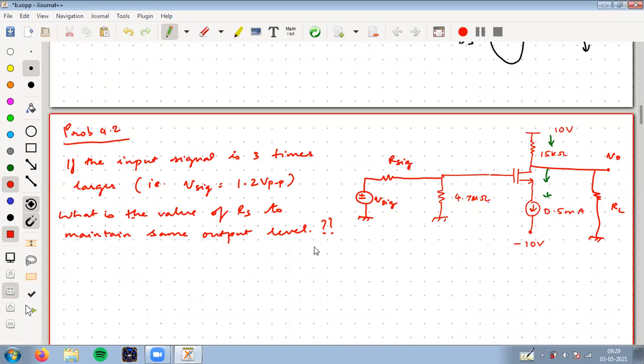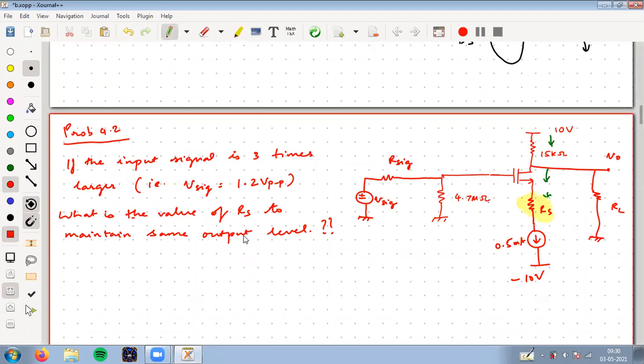So this new circuit will become like this. You have an RS here, followed by this 0.5 milliamps and minus 10 volts. Now you have this RS.